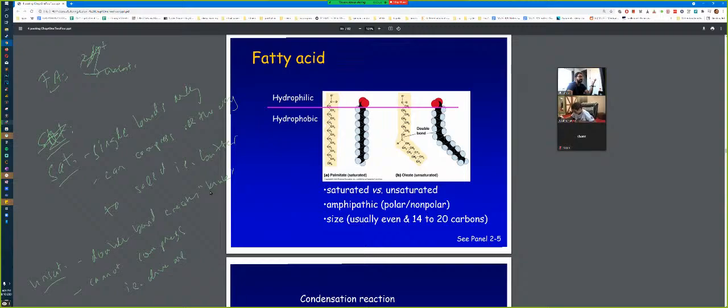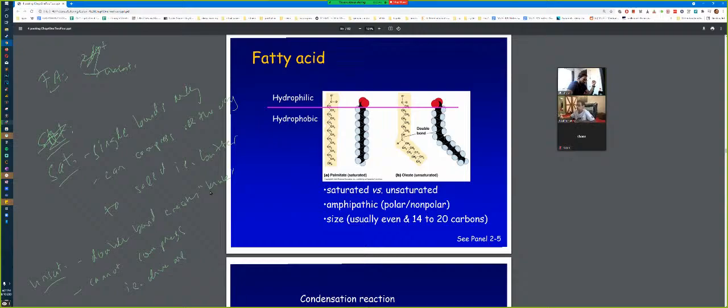Also, that's why they say saturated fats are bad for you. It's bad for you because it can help create those plaques in your arteries, the solid things that clog up your arteries. Yeah, the saturated fats, right?